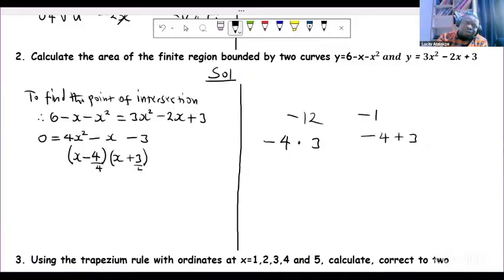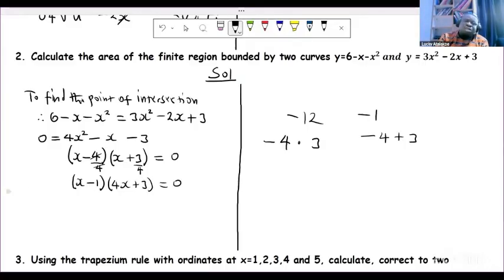Now, 4 here can divide 4. This is 1. So in the next bracket, this becomes x minus 1. Then the next bracket here, remember this is equal to 0. To remove this fraction, multiply both sides by 4. So the LCM is 4. This is 4x. Then 3 over 4 times 4, you will get 3.